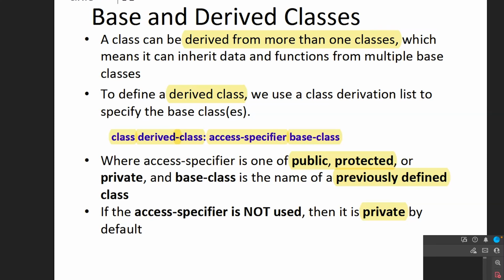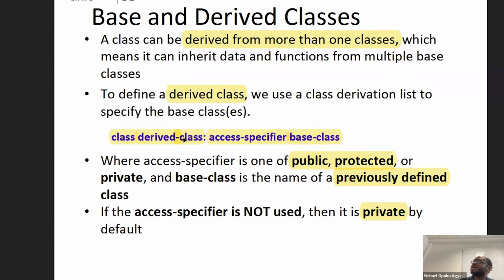Sir, we have created the base class. Good. So the base class is the parent class. The derived class is the child class. The children inherit from their parents. So in this particular case, whatever is within the parent will be inherited by the derived class.